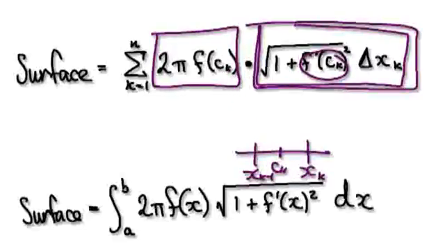So really, I should give it a different name. Let's put a pretty hat on it. We would use this ck here to work out the arc length, and this ck could slide back and forth. We don't know where, but we know it exists in between the two.